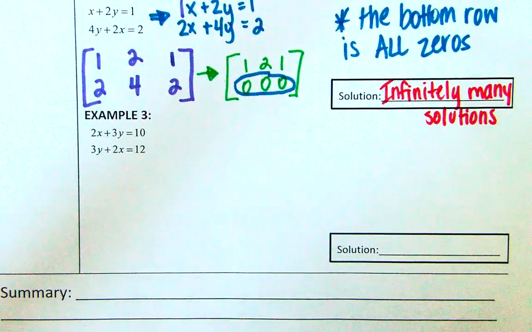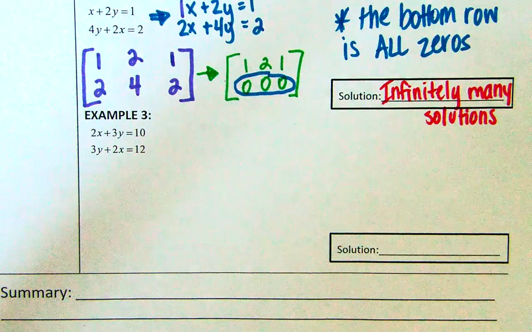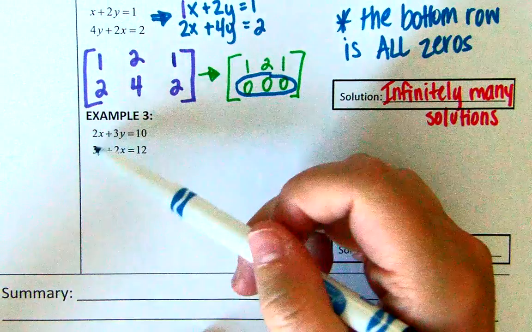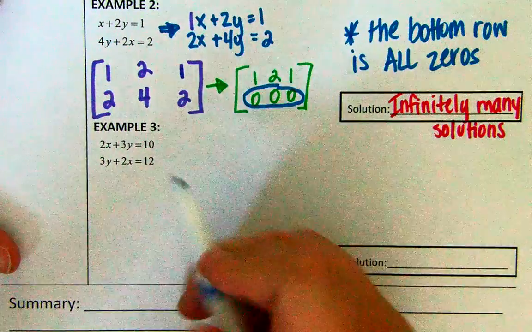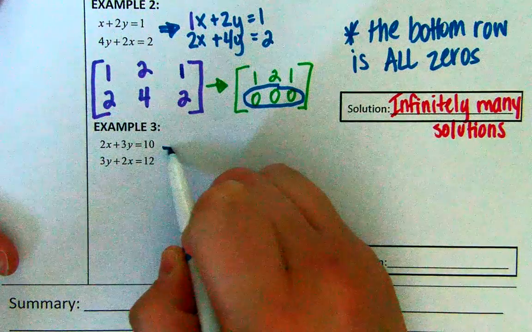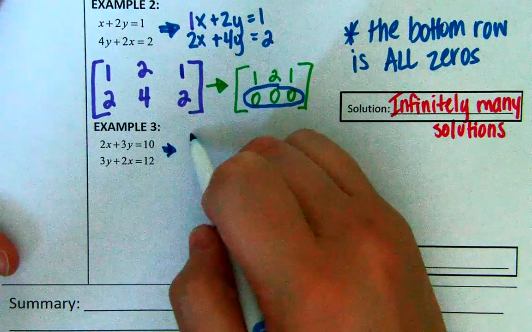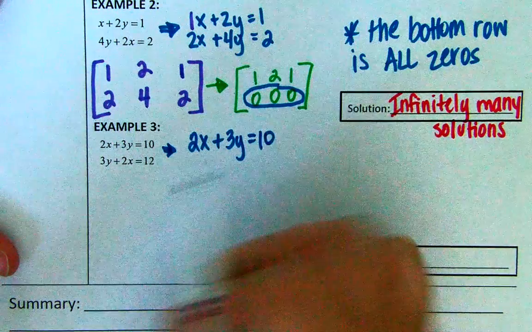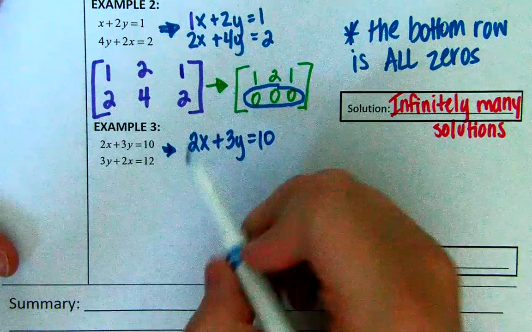Okay, and let's look at our last example. Again, we have to make sure the x comes first in both the equations. Well, it doesn't come first in the second one, so we have to rewrite it. We keep the first one the same. And then we rewrite the second one.